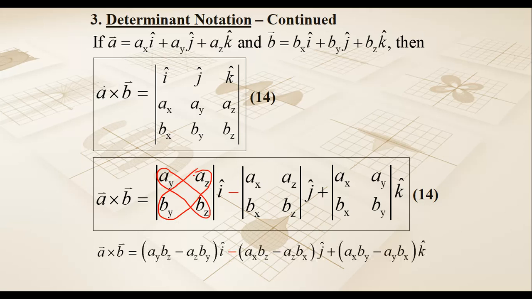So we could also write A cross B as, in brackets, AYBZ minus AZBY times special unit vector i, subtract, in brackets, AXBZ minus AZBX, close the bracket, multiplied by special unit vector j, plus, in brackets, AXBY minus AYBX, close the bracket, multiplied by special unit vector k.